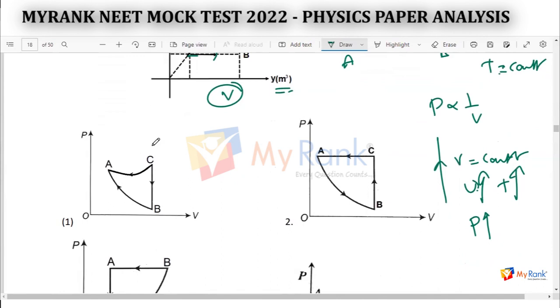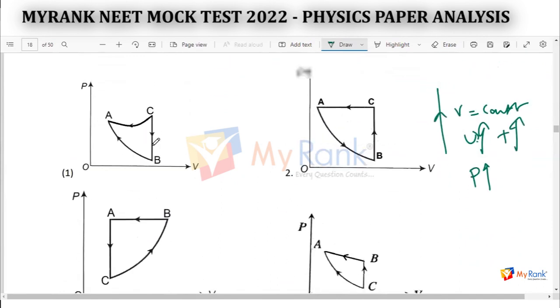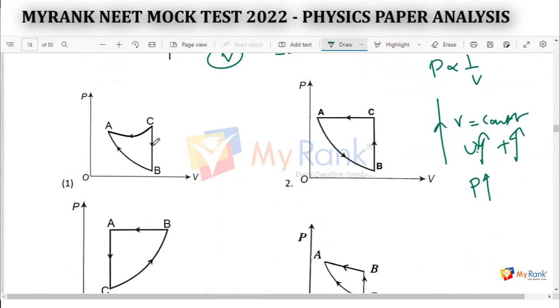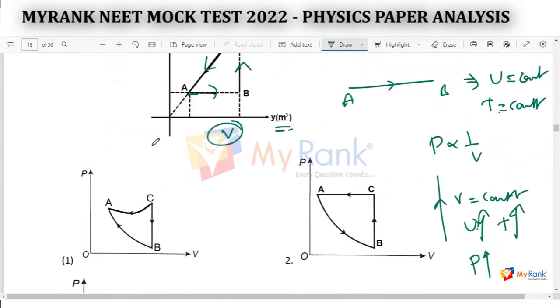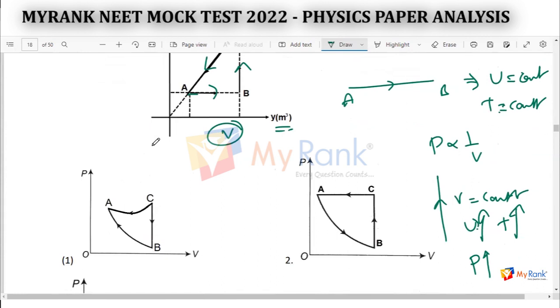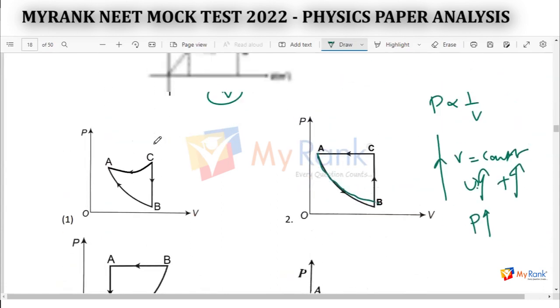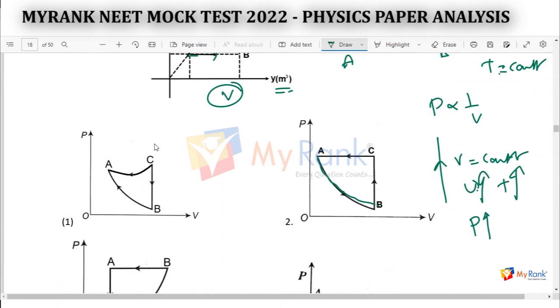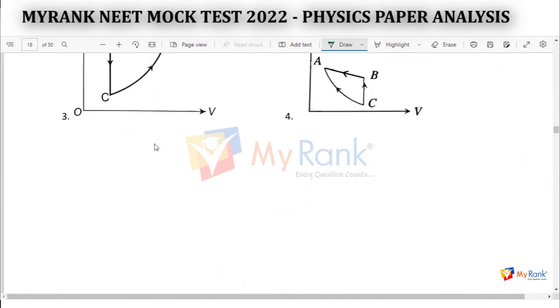For A to B, energy constant, temperature constant. And B to C, what is the observation here? Volume constant. B to C volume constant. So the second option is correct, students. It is matching. Second option is the correct one.